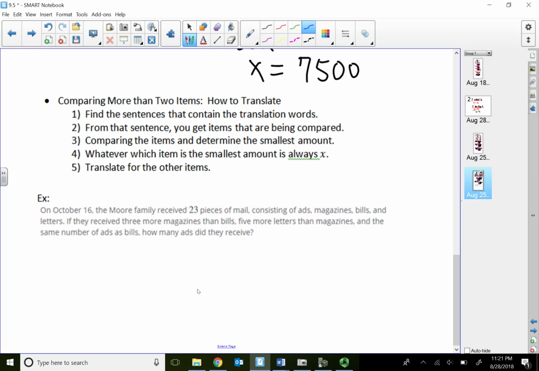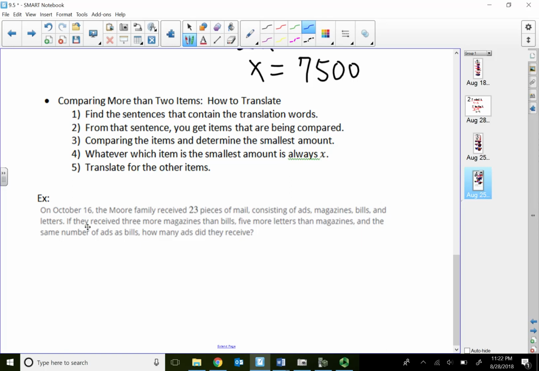Well, three fingers, three terms, is two gaps, two spaces, or two plus signs or minus signs outside the parenthesis. That's how we distinguish terms. So the gaps on your fingers are how you distinguish how many sentences. If you've got two gaps, that's two sentences you'll be looking for to translate for three items.